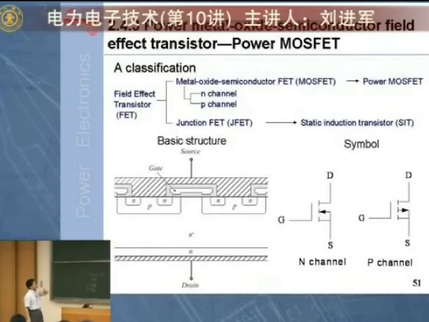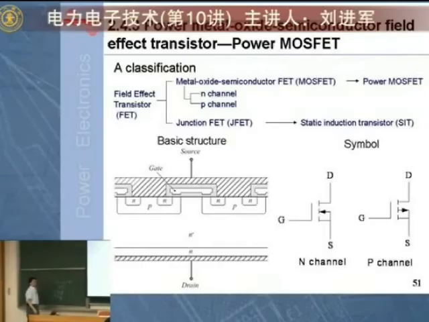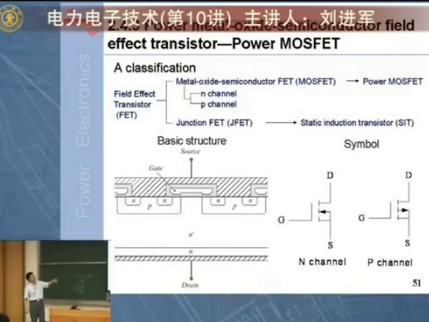The power device for ordinary MOSFET is called power MOSFET. The power device for JFET, you can call that power JFET, of course. But usually people have a special name for that.